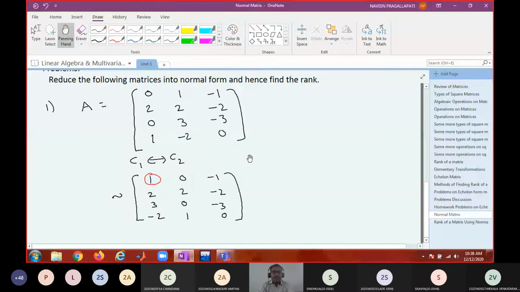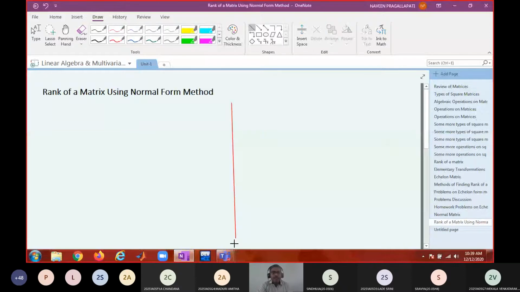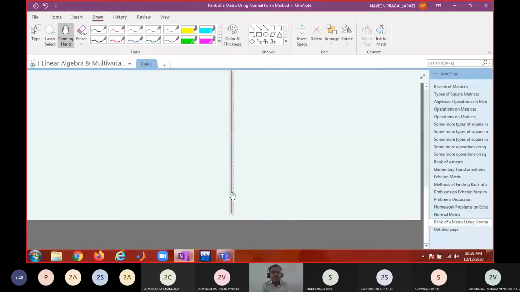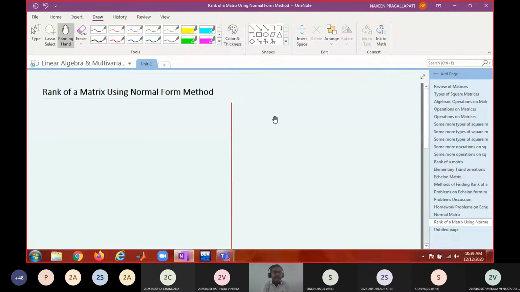So let me partition this page. Can you tell me the previous matrix? A is equivalent to what is the matrix after the column transformations?